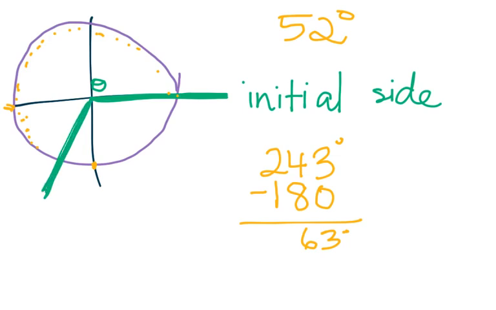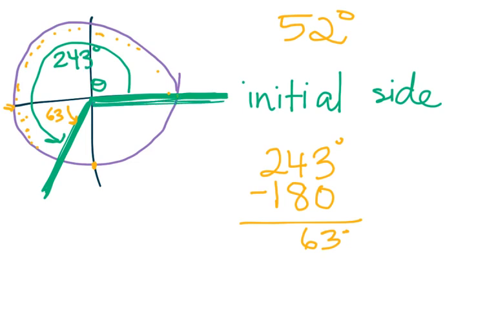Where the angle from 180 to 243 is 63. But if I asked you to mark the entire angle, okay, the entire angle, that's 243 degrees. Here's your initial side, here's your terminal side.